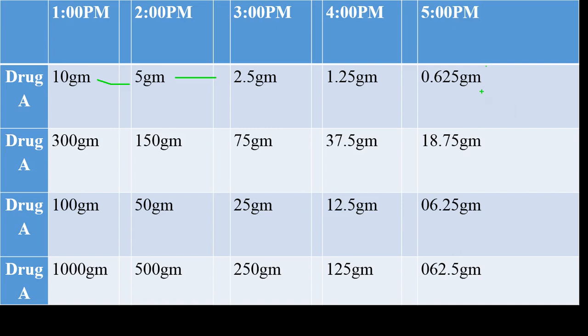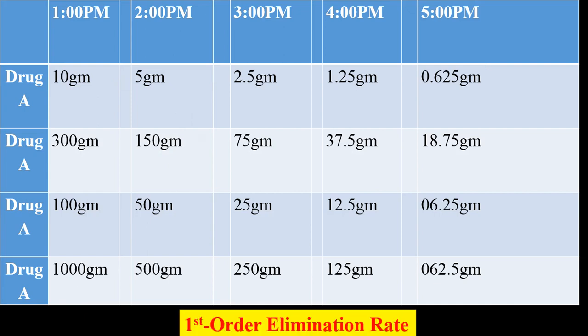Yes, as you have said in the class also, a constant fraction of the previous amount is eliminated. When the body excretes a constant fraction in unit time, this kind of elimination is known as first order elimination rate.